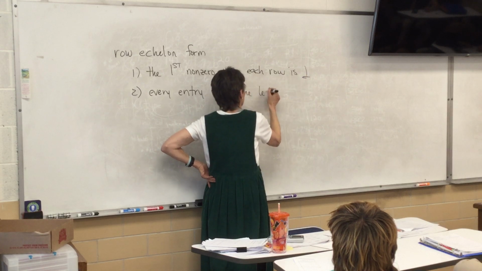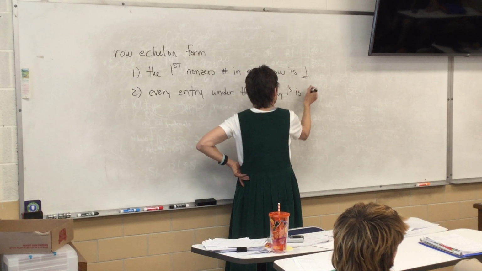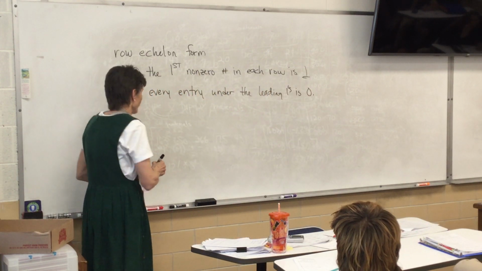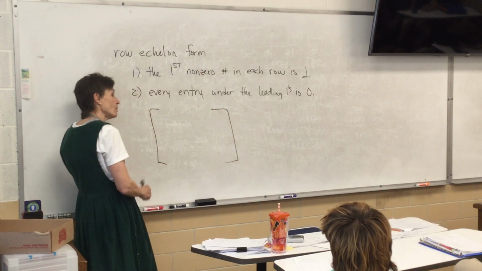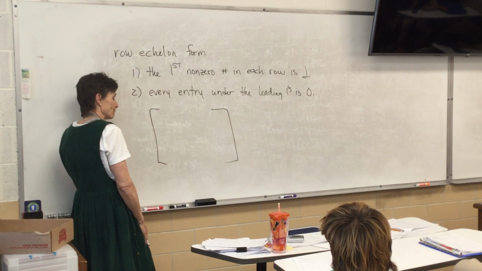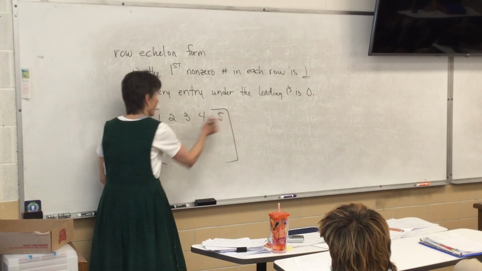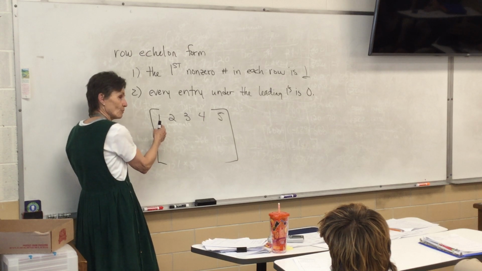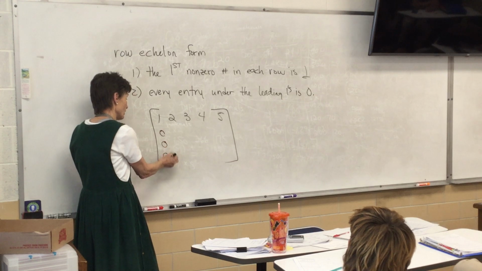These are the leading ones. So if your matrix is going to be in row echelon form, you can have 1, 2, 3, 4, 5 across the top, no problem. But everything under that has to be a 0.